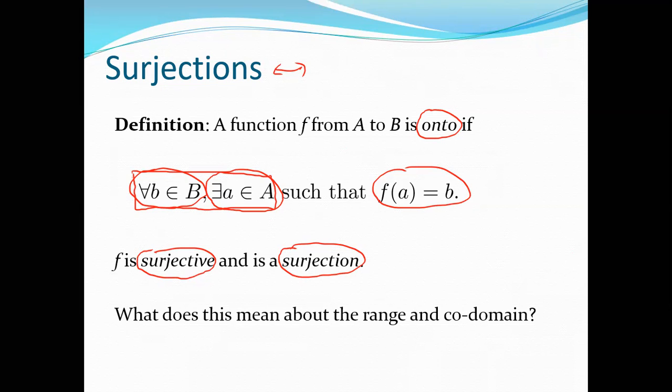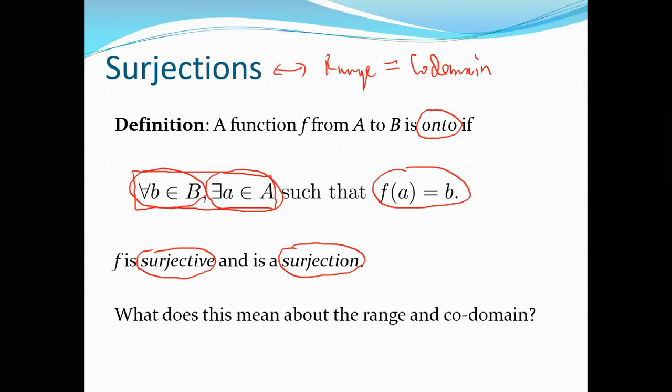The range is not just a subset, but it is equal to the codomain. So the range of the function equals the codomain. Range equals codomain. Does that make sense?